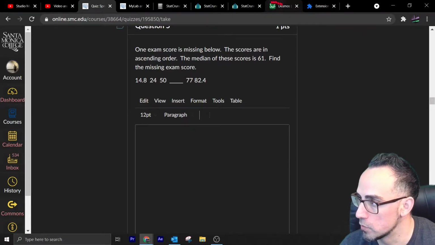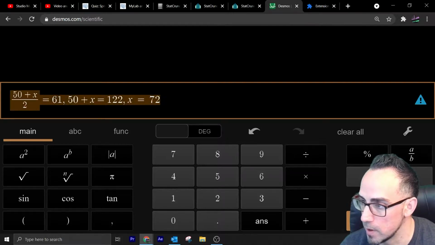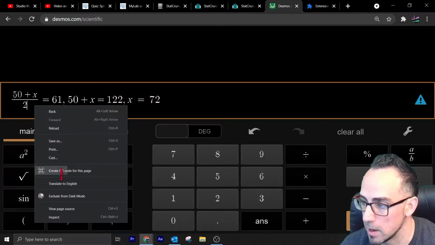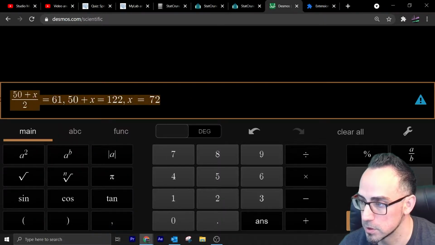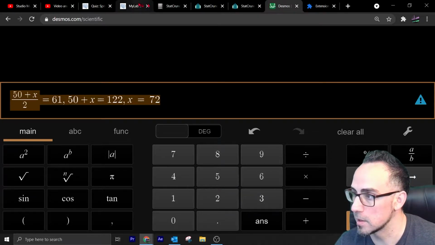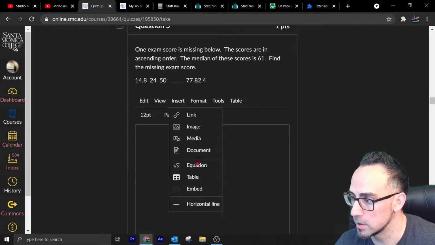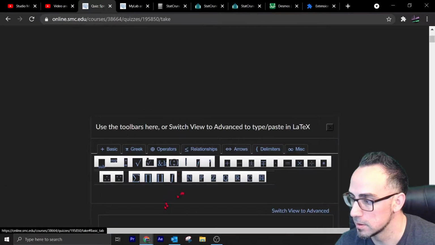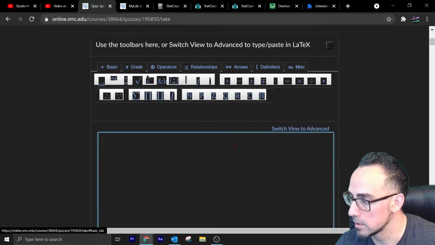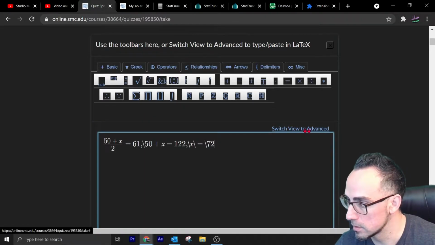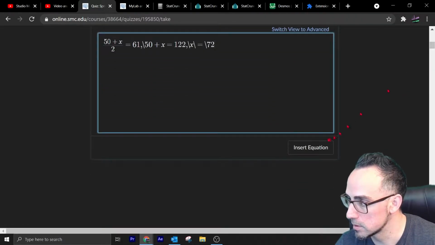Okay, next question. The answer is 72. You need to show your work for the exam, so you may want to just copy this, press Control C. On the exam, you've got to show your work. So you go in here and say insert equation, scroll down and press Control V and see if it works.